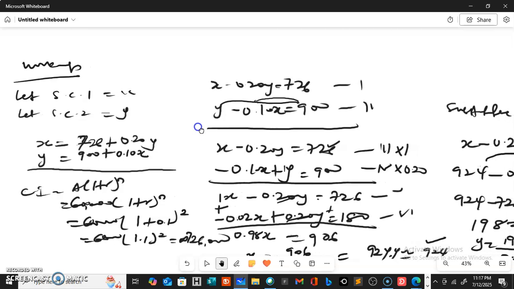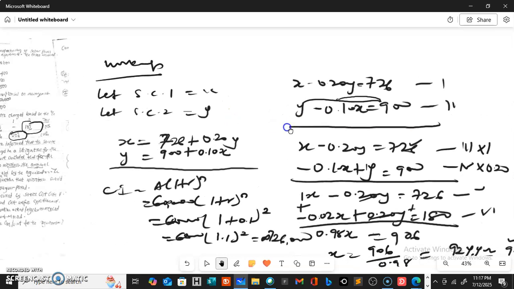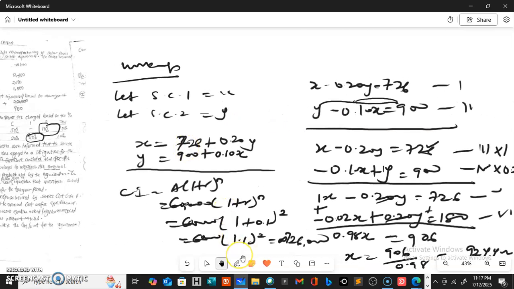In the previous video, we were able to calculate the cost associated with Service Cost Center 1 using the compounded interest.